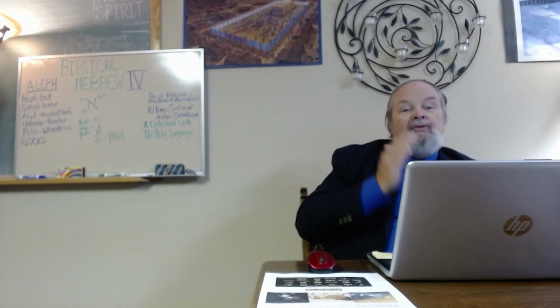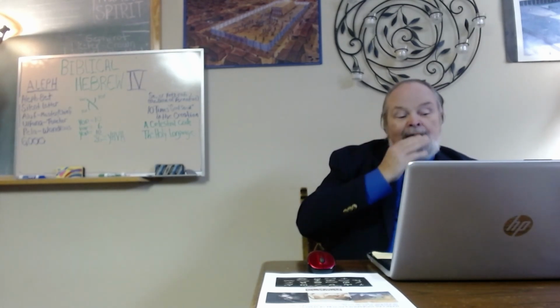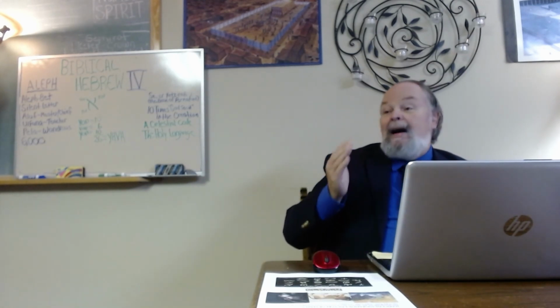What this means is that the first pictograph is an ox head and corresponds to the letter Aleph, which also corresponds to our letter A. We get our alphabet directly from the Hebrew and the Greek kind of mixed together. But the letter Aleph became our letter A in English. We don't have the symbolism that they have.